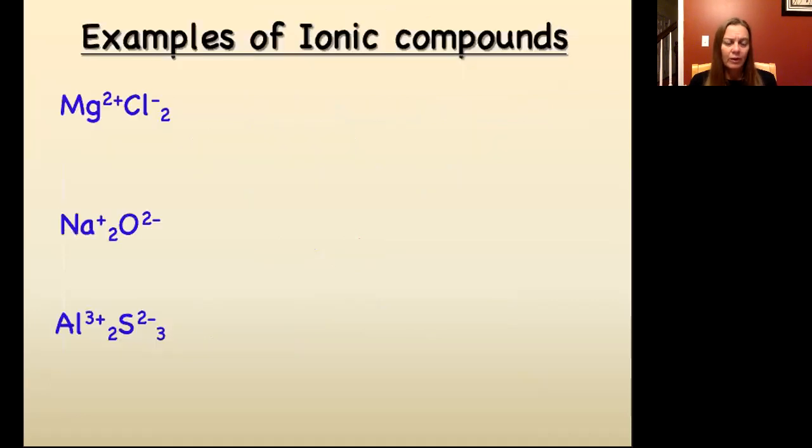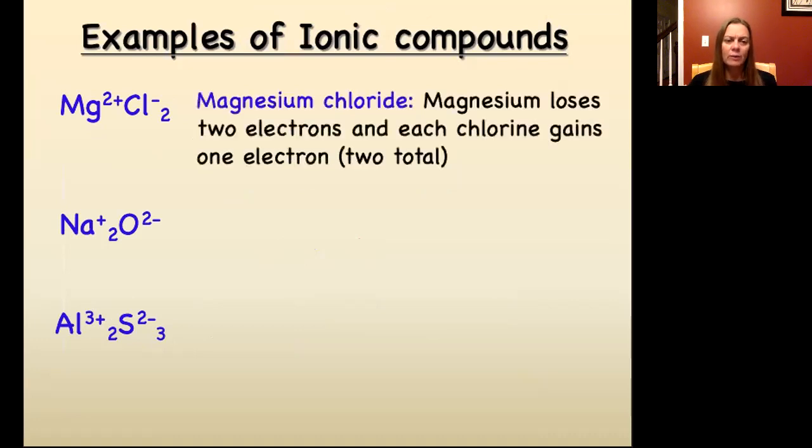So for example, if we have the ions magnesium and chloride, we're going to have 2 chlorides for every 1 magnesium, so that each magnesium can lose 2 electrons, each chlorine can gain 1 electron for a total of 2. And so we have a neutral compound and we've transferred the same amount of electrons.